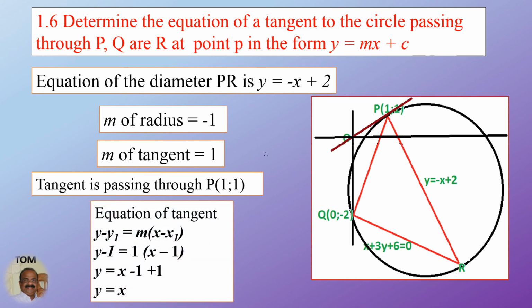We use the formula for the straight line, that is y minus y1 equal to m times (x minus x1). We substitute m, we substitute the point P (1, 1), and we simplify to get the equation y equal to x. Of course, here the value of c, the y-intercept, is 0, so our answer is y equal to x.